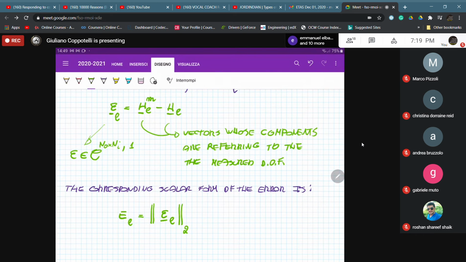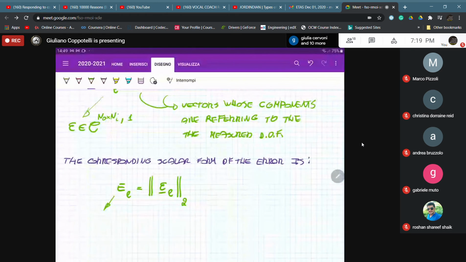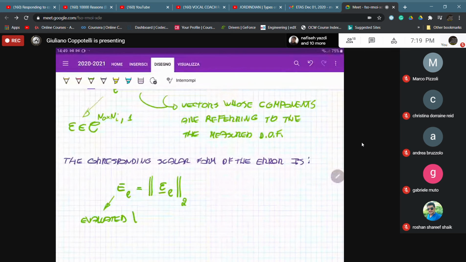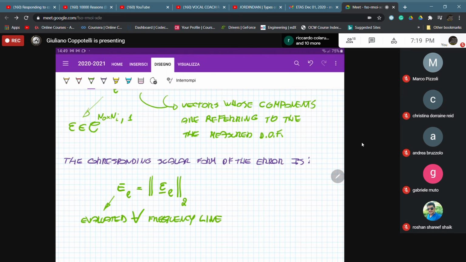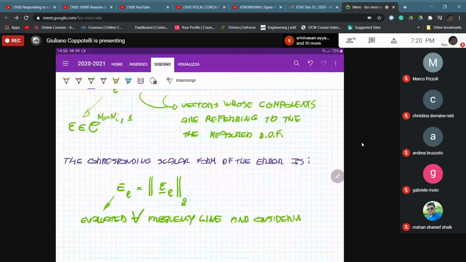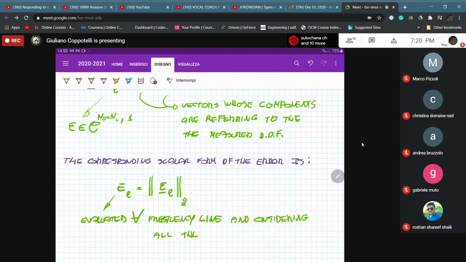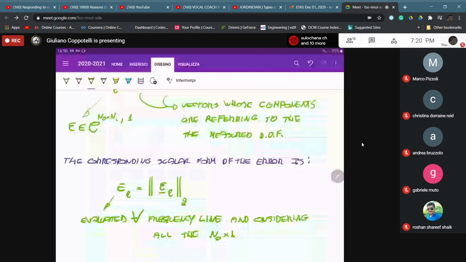This is a scalar form that is evaluated for each frequency line, and of course considering all the NO times NE degrees of freedom.